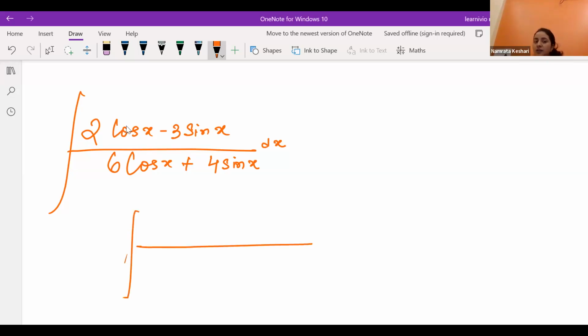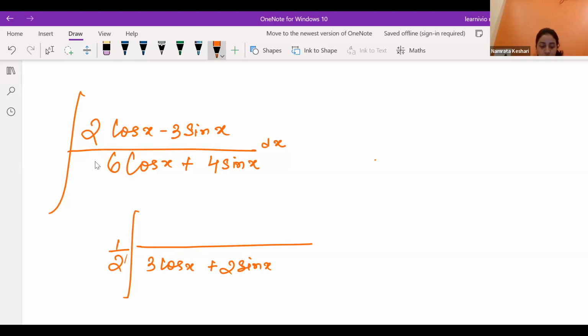If you want, you can take it here, or otherwise after doing the derivative you will realize. So we can take out 2 as a common factor and we'll be left with 3 cos x plus 2 sin x. If you take this one as a substitution, directly you will get the numerator, right? Are you getting directly the numerator? Yes. Okay, so it's very simple.